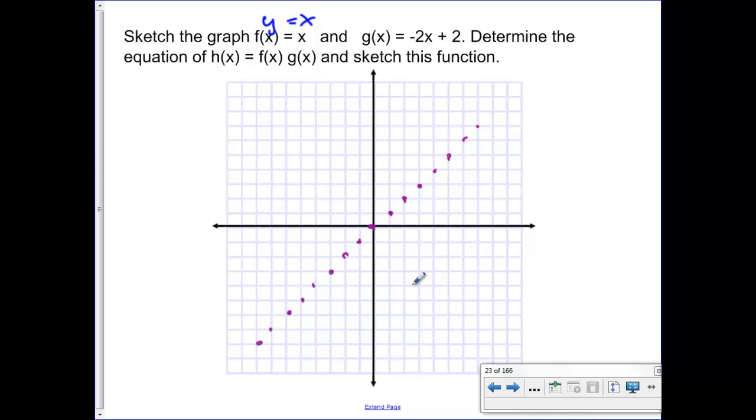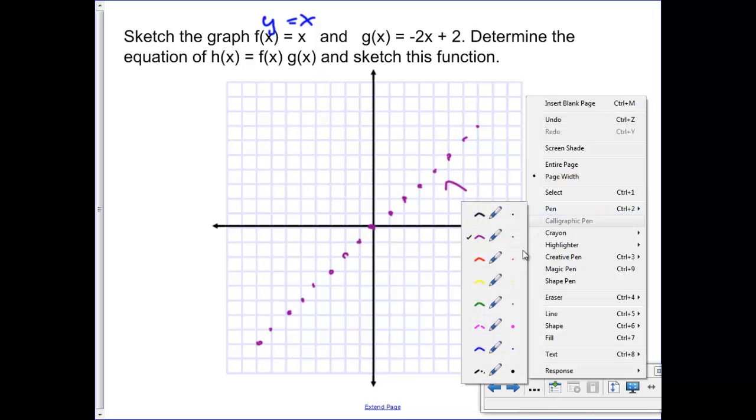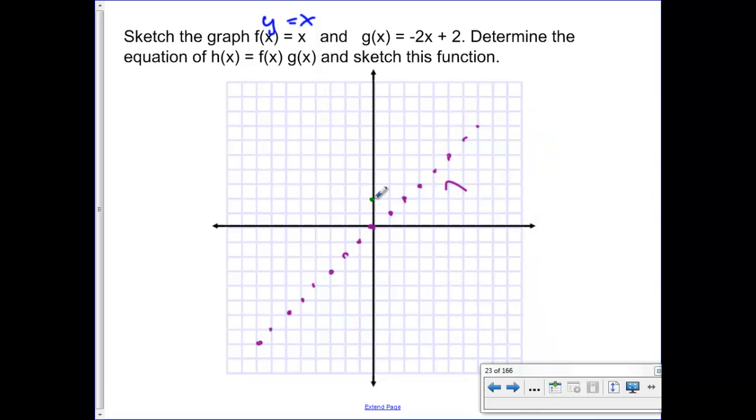Okay. I'll do it on the board here. So the other graph has a y-intercept of 2. So like right there. And it has a slope of negative 2. So negative 2 slope means over 1 down 2, over 1 down 2, over 1 down 2. Does that make sense?